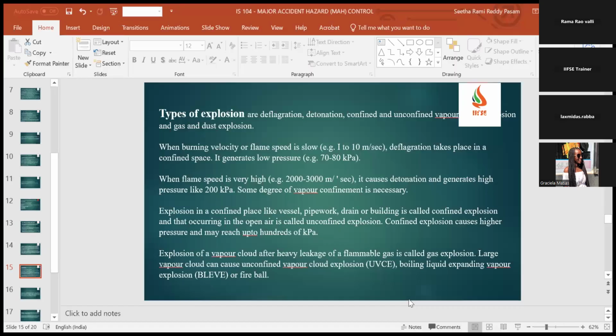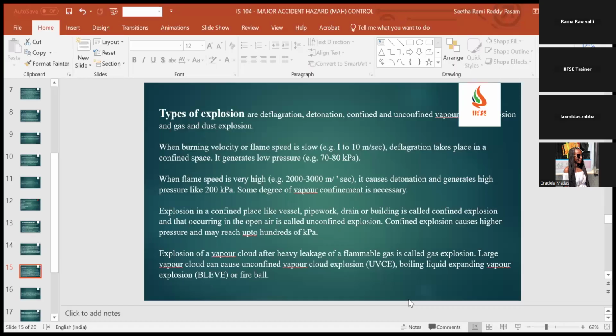Again, an explosion in a confined place like a vessel, or sometimes even pipework, a drain, or a building, is called a confined explosion. One occurring in open air is called an unconfined explosion. In a confined space with limited access and egress, confined explosions cause higher pressure, which may reach hundreds of kilopascals.